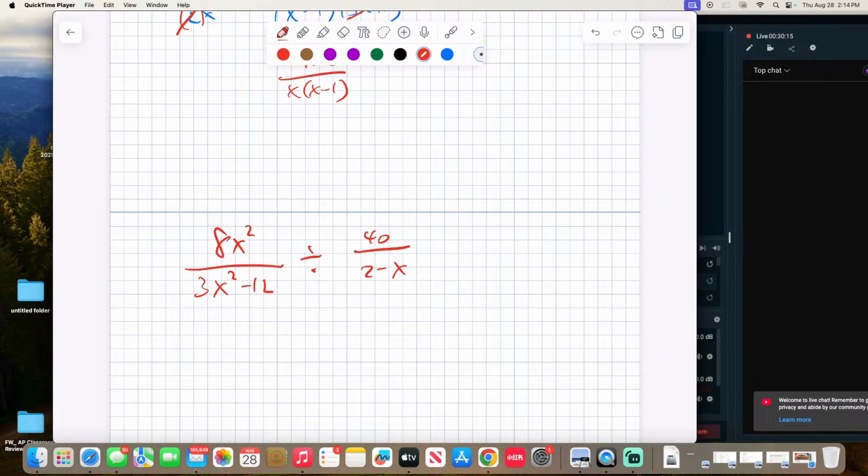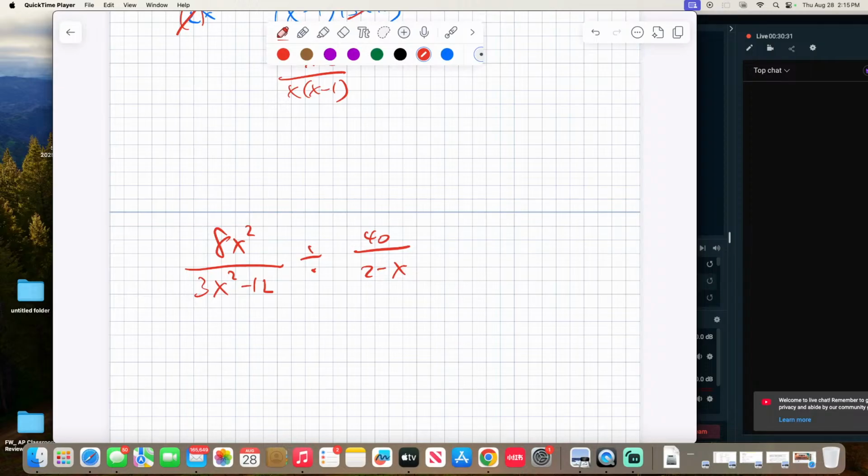So what do you do when you see division? Keep, change, flip. So there's no difference. We have 8x squared over 3x squared minus 12, divided by 40 over 2 minus x.